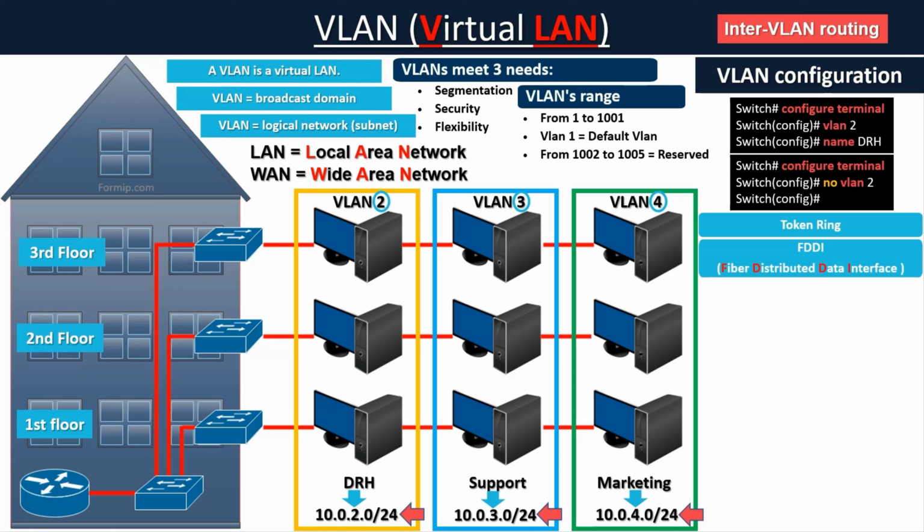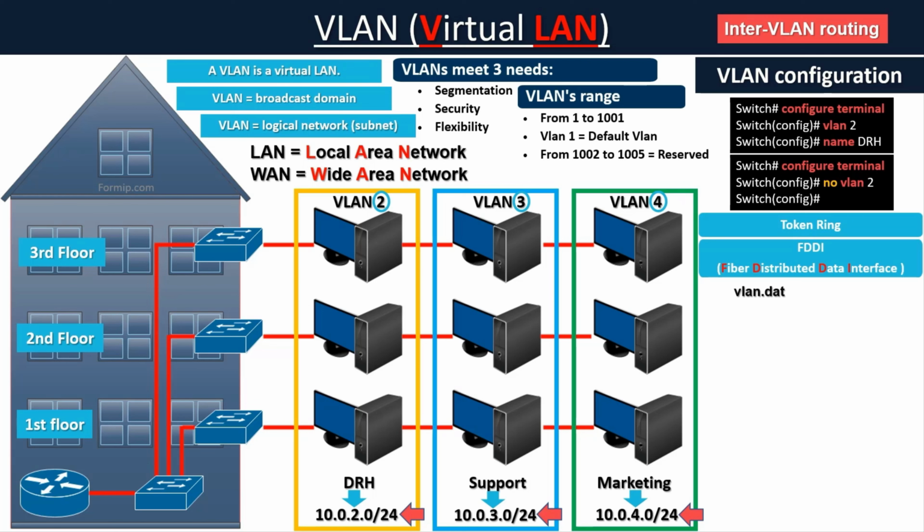To return to VLANs, the default VLAN and reserved VLANs are automatically created, and it is impossible to remove them. The configuration of the VLANs is written in a file on the switch called vlan.dat. This is the VLAN database that is stored in flash memory.